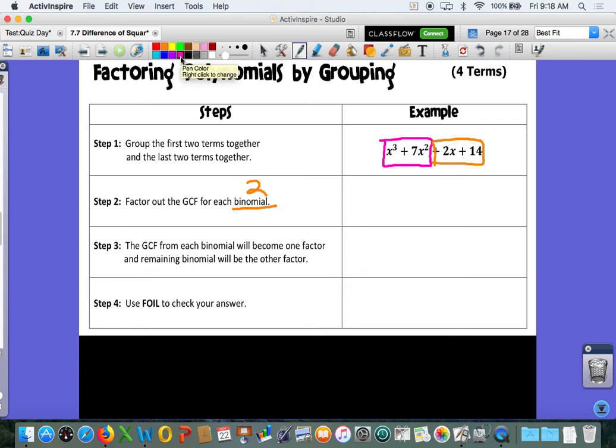So, on this first one, I can factor out, let's see, I can factor out x squared. Why? Because x to the third is actually x times x times x. X squared is actually x times x. So I can remove two x's from each of these. There is no negative exponents. You do not take from what isn't there. So we're going to have x plus 7. The 7 remains.